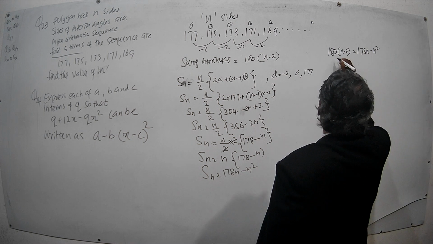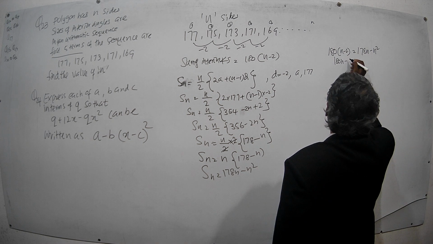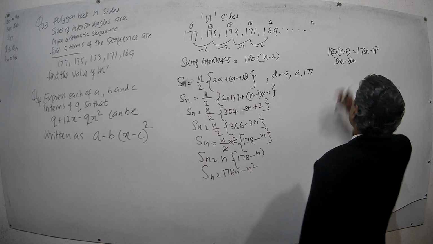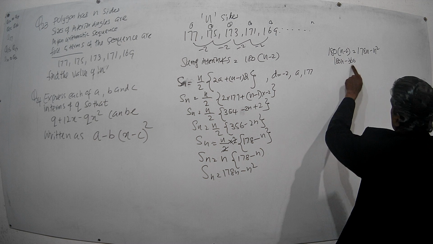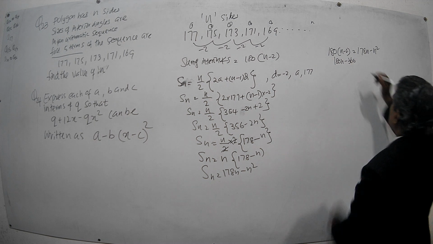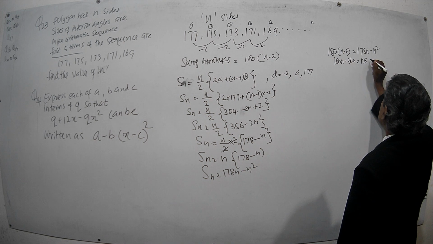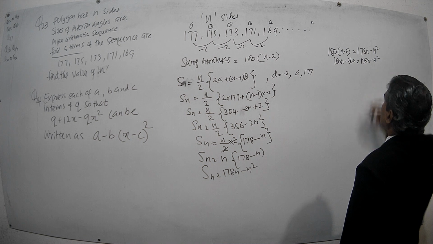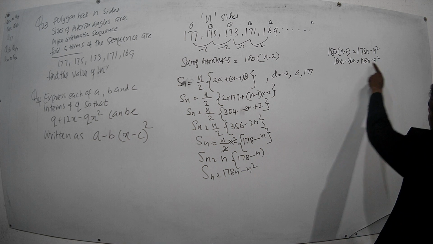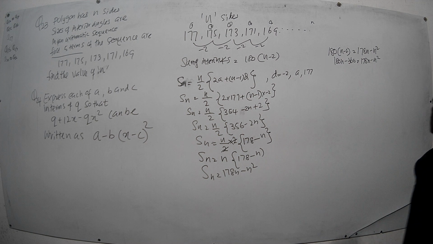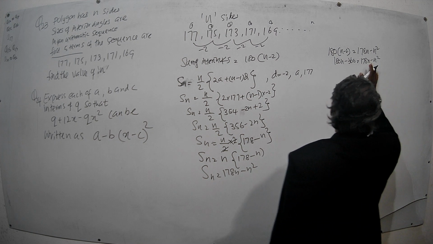Then 180 n minus 360 after multiplying. 180 times n is 180 n. 180 times minus 2 is minus 360. Then here 178 n minus n squared. Okay. Now we will bring these terms to this side because here minus n squared, and build up a quadratic equation.